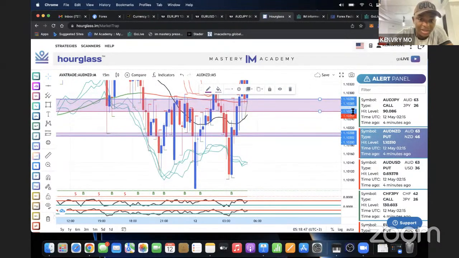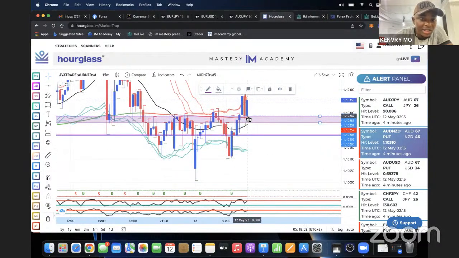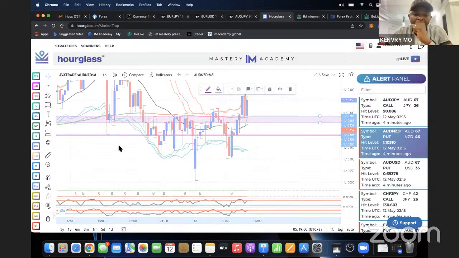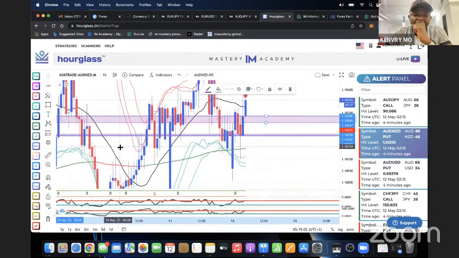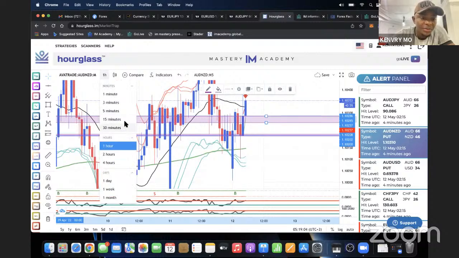So I've not marked 15 minutes. Since price has hit this area, the next area is going to be this area. Still above the trend on the 1 hour.